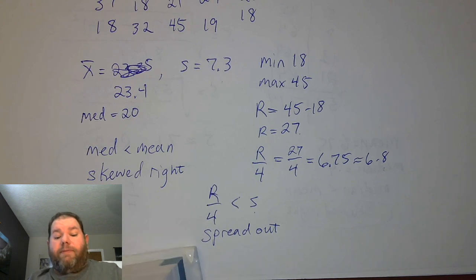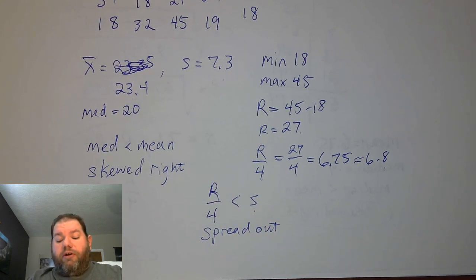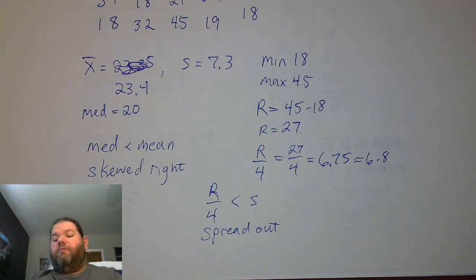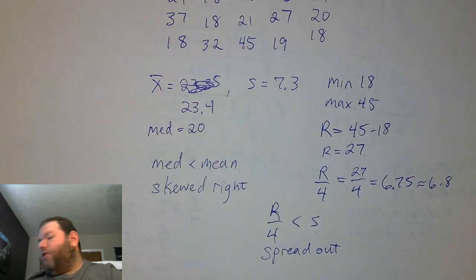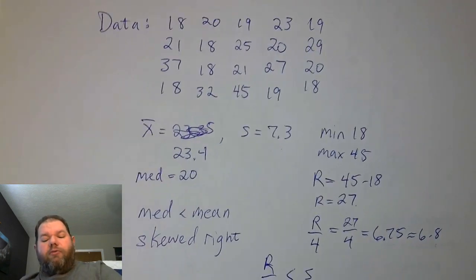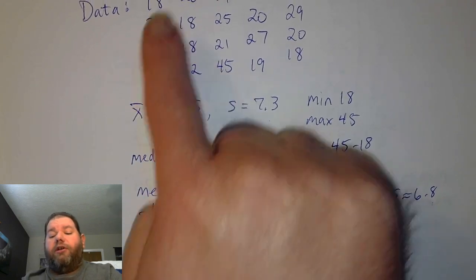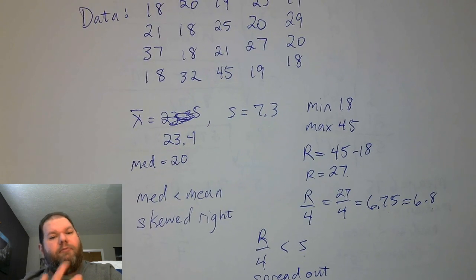Now we'll actually skip section 3.3, so don't worry about that section at all. We're going to go to section 3.4, which is on measures of position and outliers. And I'm going to save this sheet because we'll come back to this and talk about outliers, because we actually want to know definitively what makes an outlier, and are any of these data values outliers. We suspect 45 might be, but we'll see.